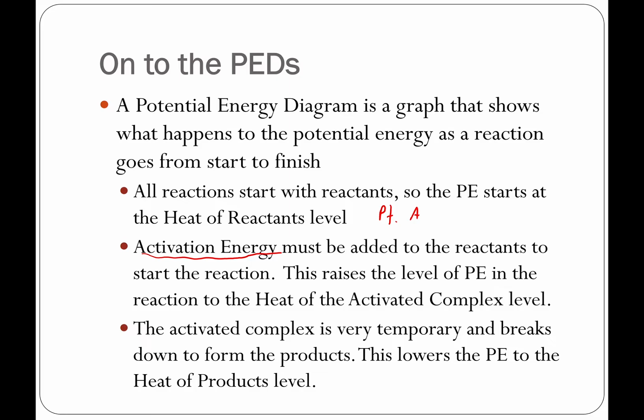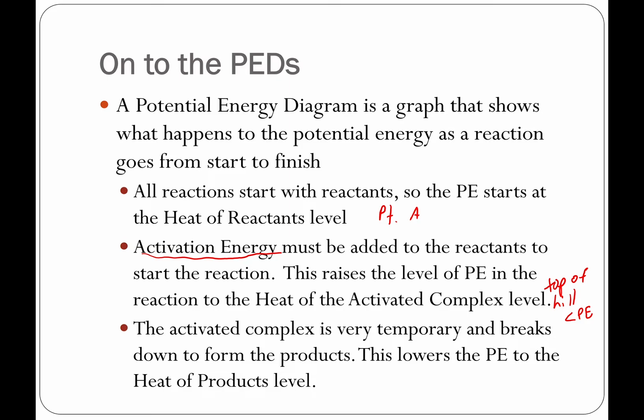So this raises the level of potential energy in the reaction to what we call the heat of the activated complex. This is the point at the top of the hill. This is where potential energy is greatest. The rock has the most potential here. It's very temporary.